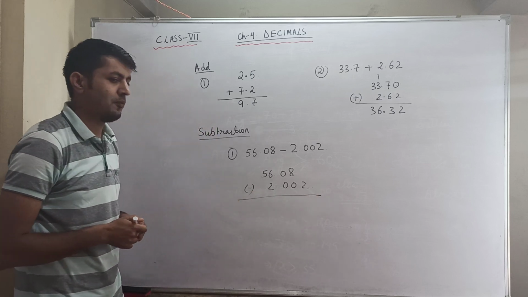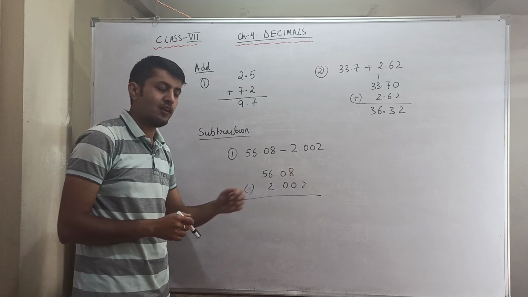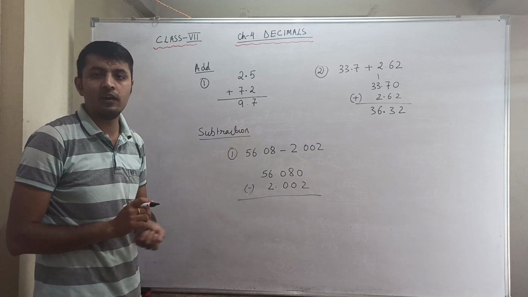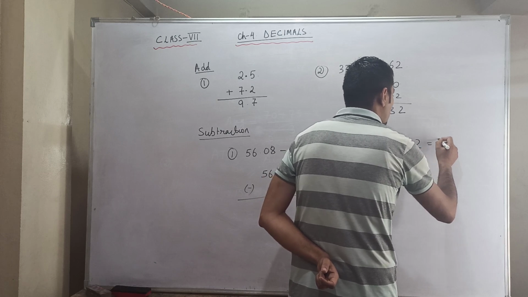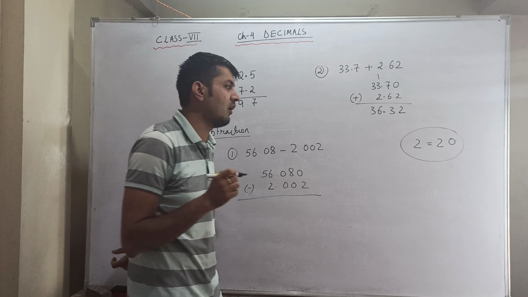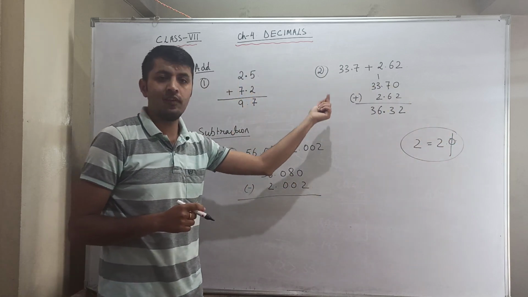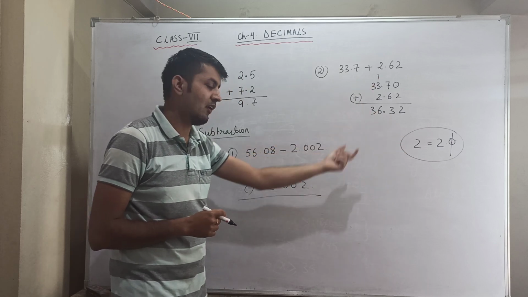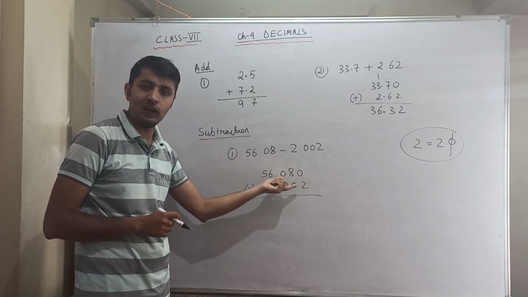In order to do the subtraction, see, after 8 nothing is there, so you can put a 0 here. After the decimal point, a 0 at the end does not have any value. One thing you keep in mind: 2 can be written as 2.0, and this 0 you can cancel because a 0 after the point does not change the value. In the same way, 56.08 can be written as 56.080.